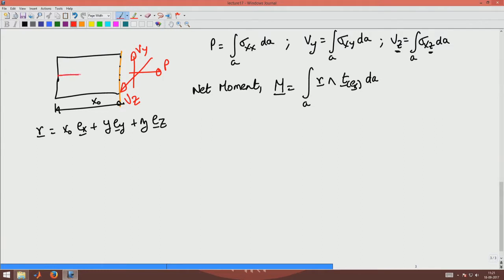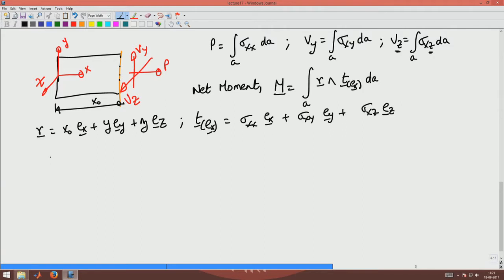Recollecting that the origin was from here, this is x, this is y and this is z. I have r given by this expression here, and T^(Ex) we found is given by sigma xx Ex plus sigma xy Ey plus sigma xz Ez.